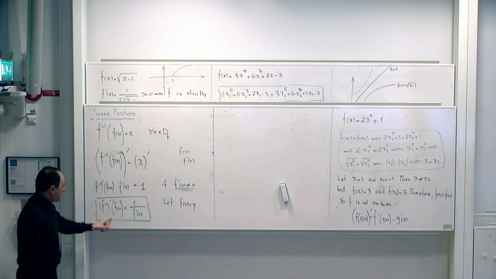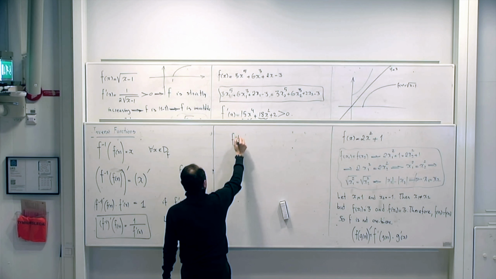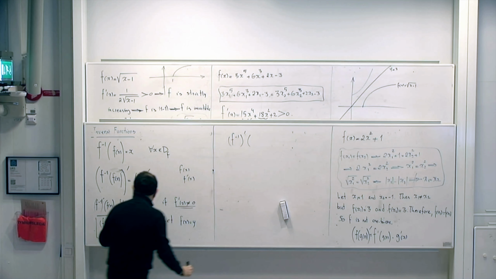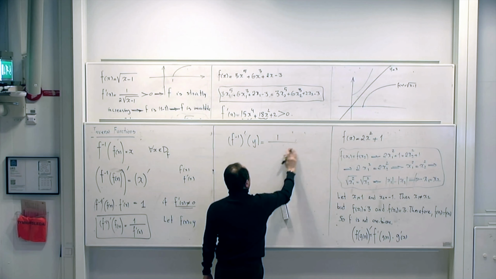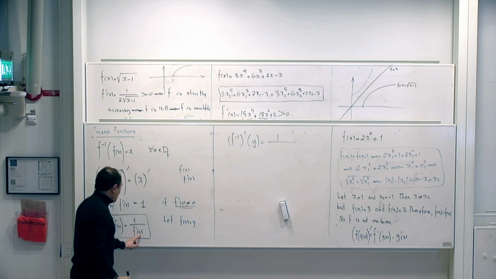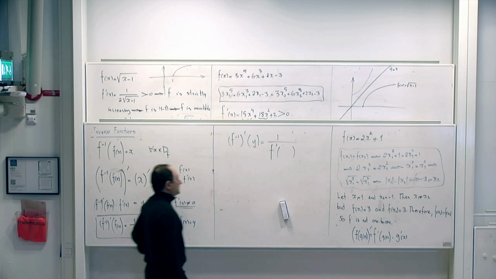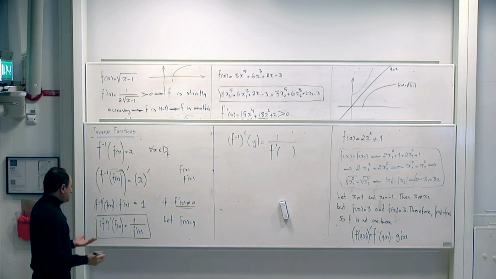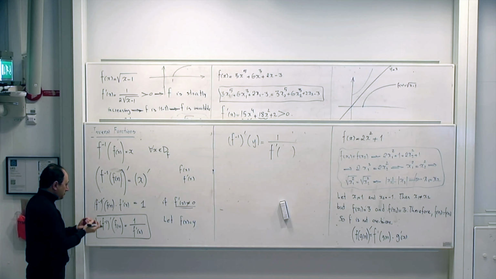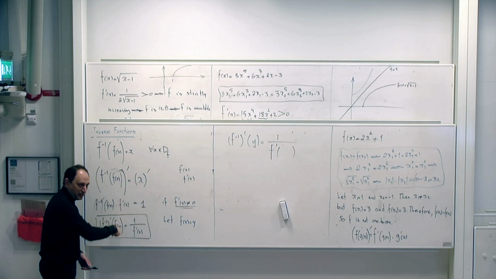And then what happens to this notation? This becomes f inverse prime of y equals 1 over f prime of x. I write f prime and I want to wait for you. What can I write in the pair of brackets? Because in mathematics, a formula is useful if the left-hand side is in terms of one variable x and the right-hand side is also written in terms of the same variable x.